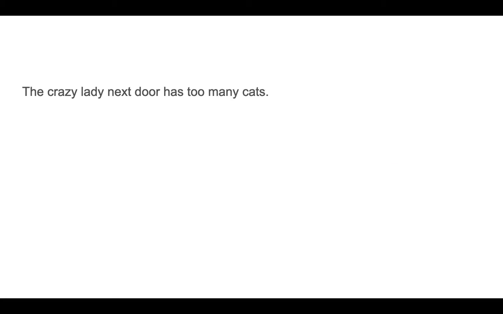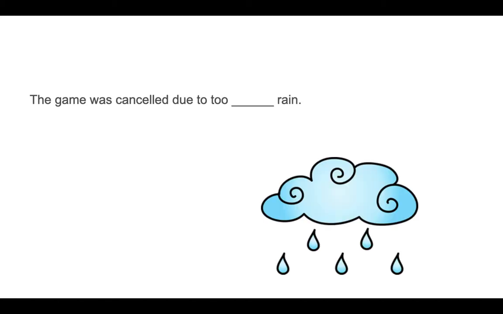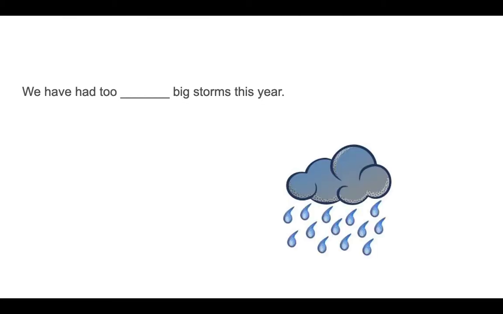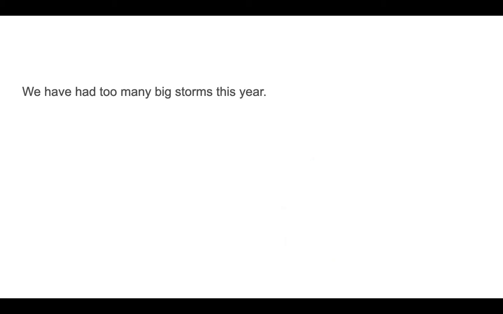Many. The crazy lady next door has too many cats. Cats is a count noun. Much. The game was canceled due to too much rain. Many. We have had too many big storms this year. So those two examples expressed similar ideas. This one used a non-count noun, so we used much. This one uses storms, a count noun, so we used many.